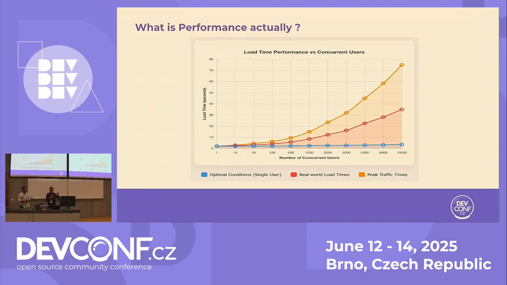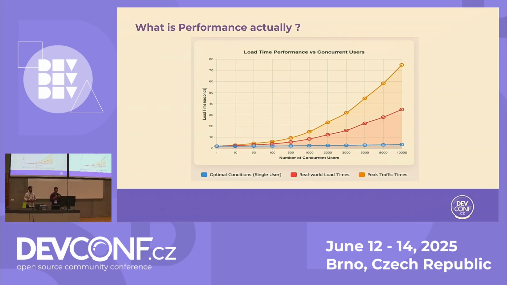Okay, so I'll start with what performance actually is. In the graph, the horizontal axis is the number of concurrent users, and the vertical axis is the load time in seconds. For the blue line, let's assume the scenario is 1 server, 1 user. Definitely, you will always load a performant website.